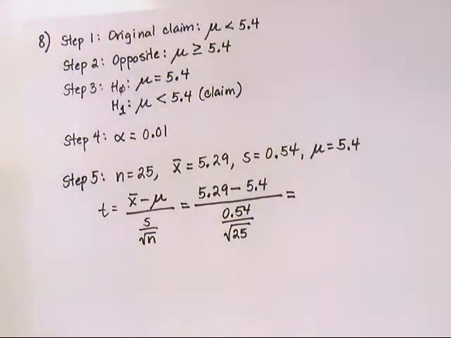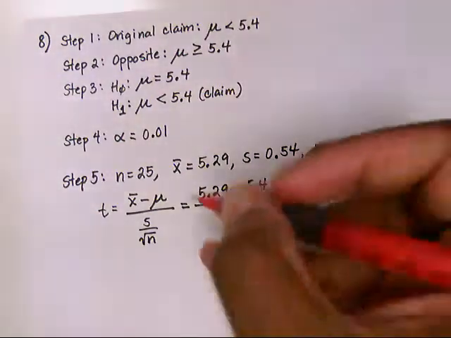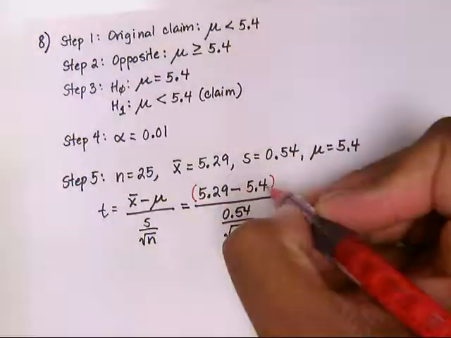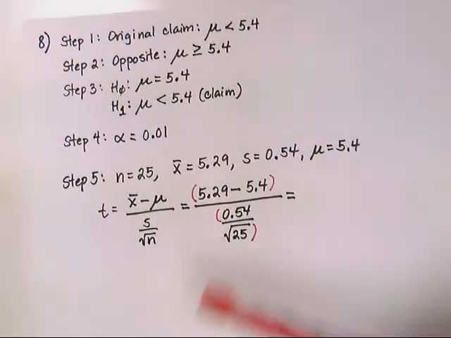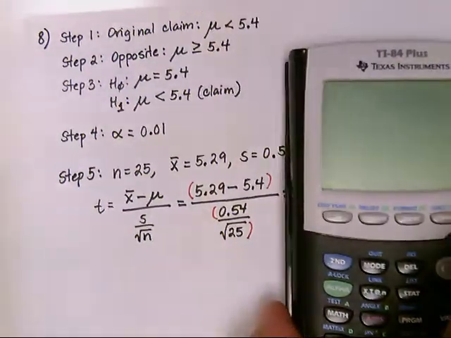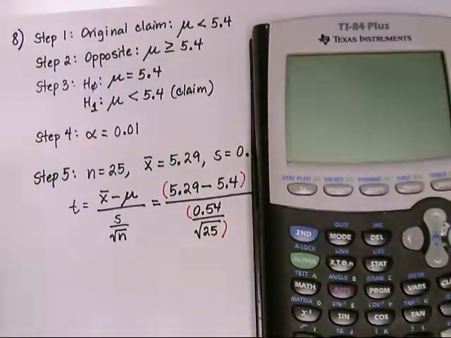Now, if we enter this in the calculator, you want to make sure that your numerator is in parentheses and your denominator is in parentheses, like this. I'll go ahead and do this on the calculator so that you can see how this is going to be typed in.